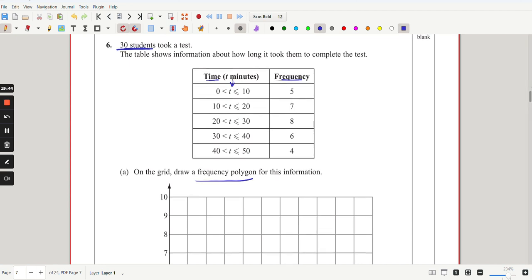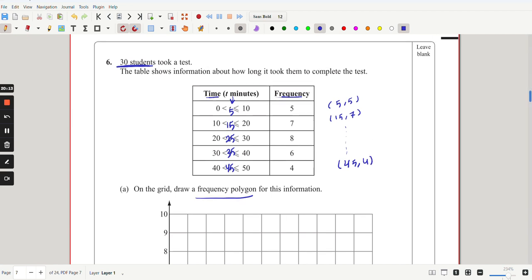So the midpoints here are 5, 15, 25, 35, 45. So we have the point 5 and 5, and 15 and 7, and so on to get 45 and 4.